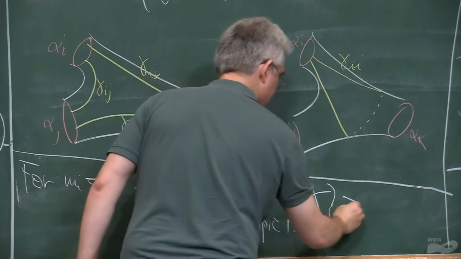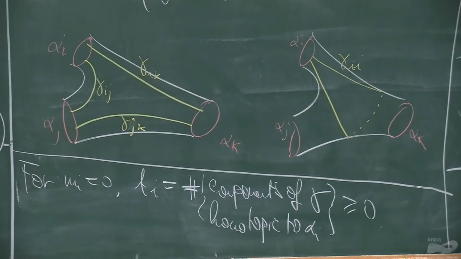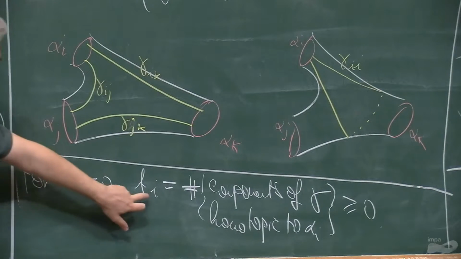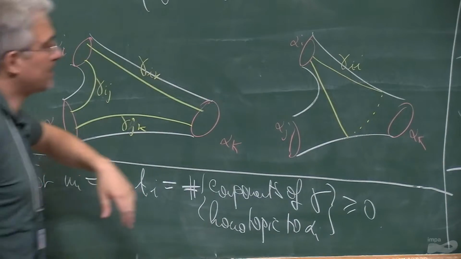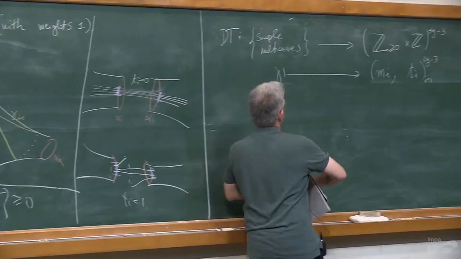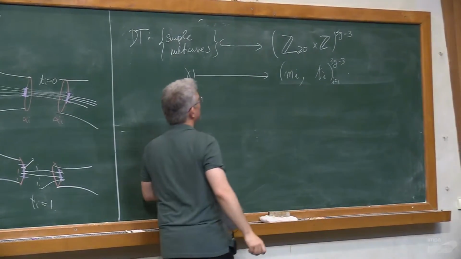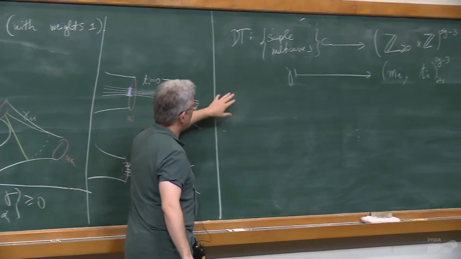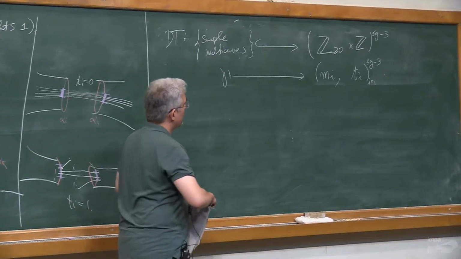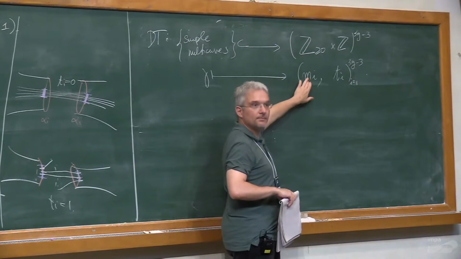So this is a non-negative number. So there is an exception in how you define tau i. This condition, that if mi is 0 this is non-negative, characterizes really the image, and this is an injection. So actually the theorem is that you describe the set of simple multi-curves by these numbers.